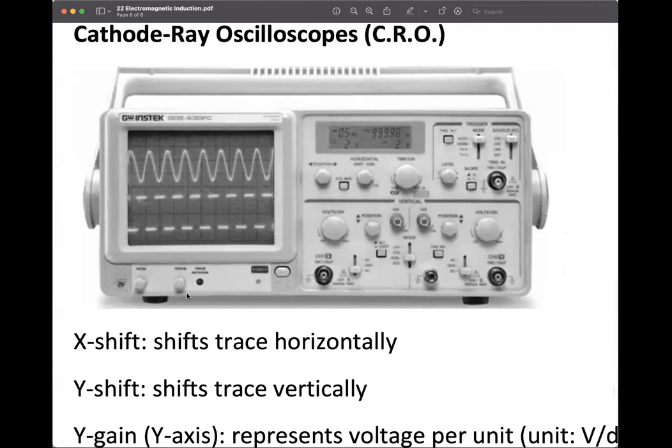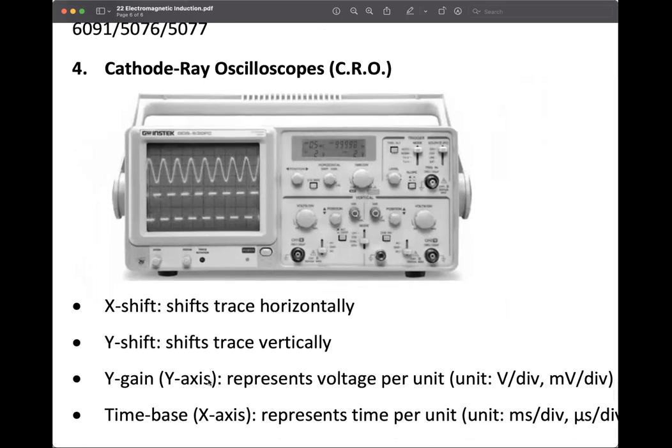X shift is for when you display a wave and the wave doesn't move anymore, meaning it's always moving from left to right in the same journey. X shift is just shifting your waveform to the left and right. That's all. Y shift is to shift it up and down.